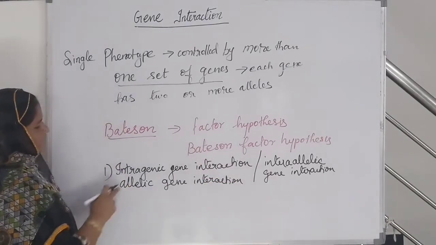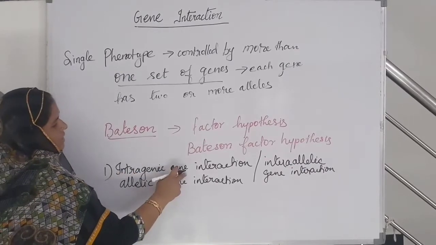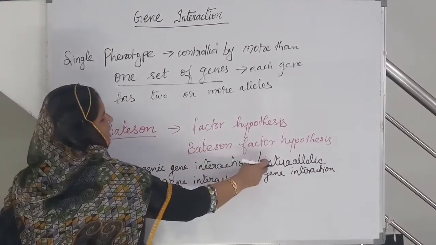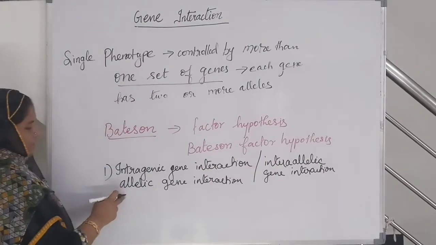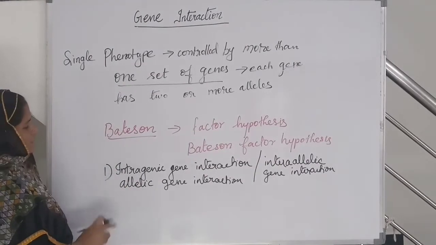This is one type: intragenic gene interaction, otherwise called intra-allelic gene interaction, otherwise called allelic gene interaction.